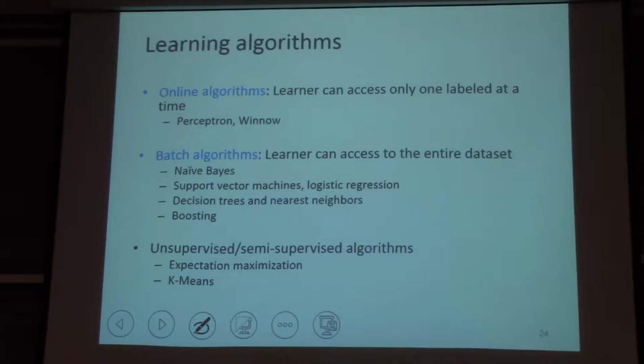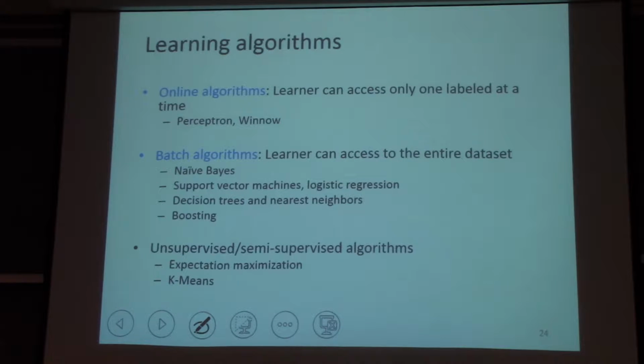So across all these settings, in particular in supervised learning, we'll be looking at 3 different classes of learning algorithms. One group is called online learning, where the learning algorithm gets to see one or a small number of examples at a time, does something to its internal state of the world, and throws the examples away. In contrast, there are batch algorithms, where the learning algorithm gets all the training data at once and cogitates on it.